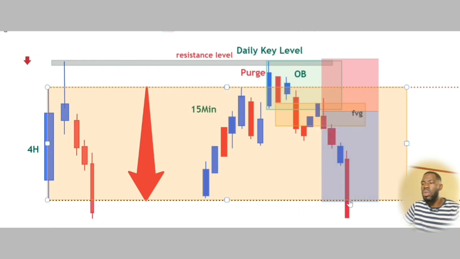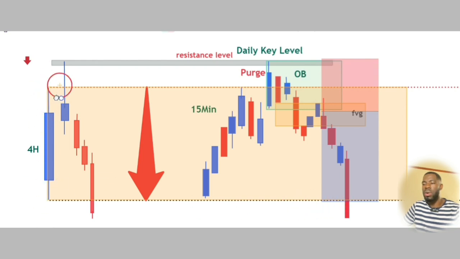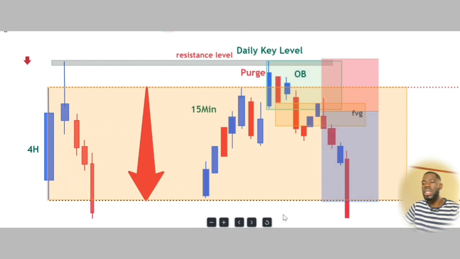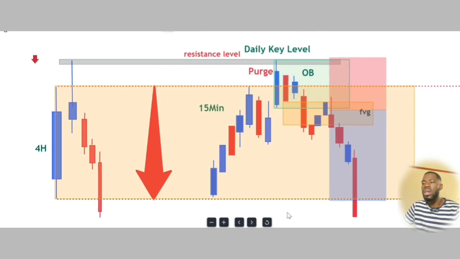So you sell from here and you get out immediately, when the price gets to the lowest price of our candle of focus, which is our first candle over here. So this is how you would use this theory to actually trade and win in the market.